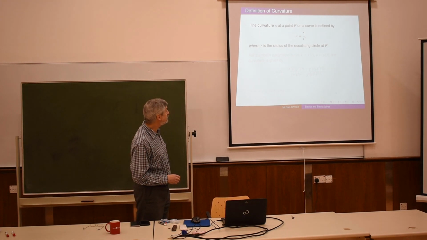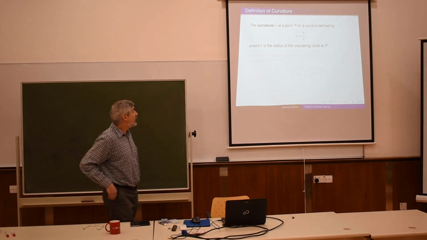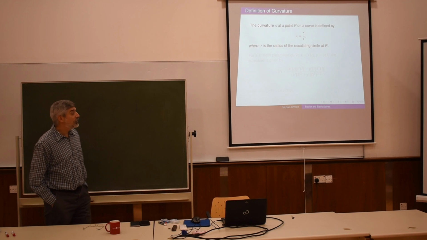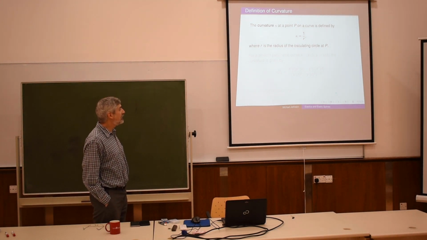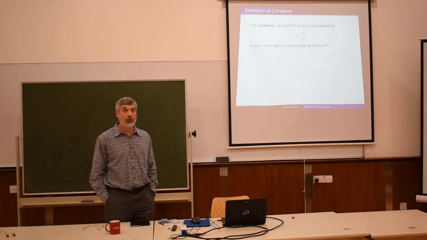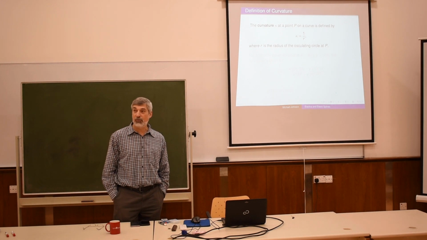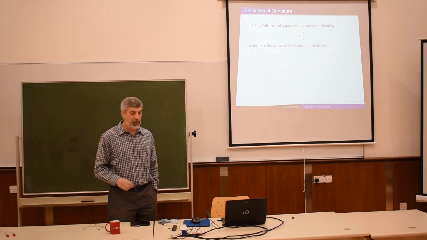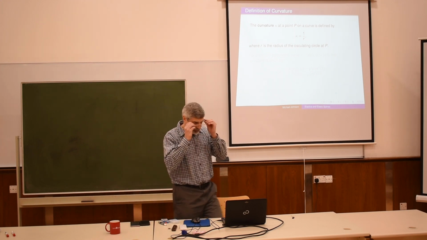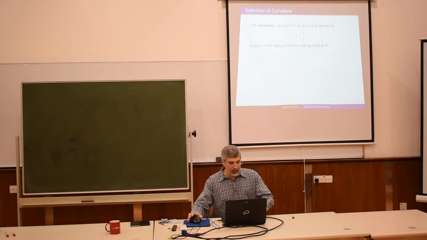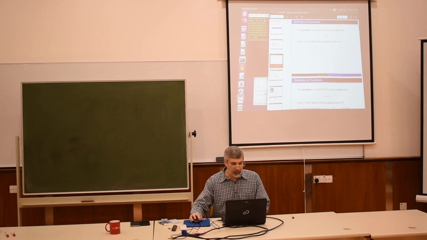Okay, so let's get started on the definition of curvature. It's denoted by kappa. If you have a point on a curve, then kappa is defined to be 1 over r, where r is the radius of the osculating circle. Let's see if I can demonstrate that.